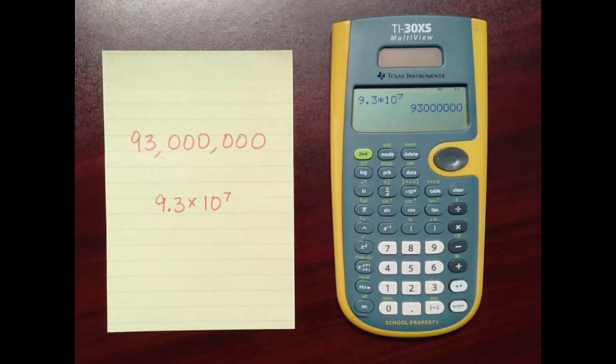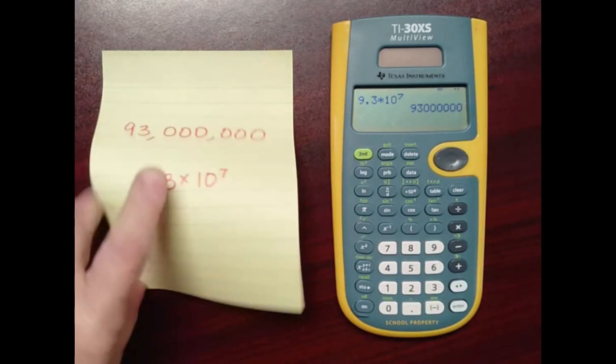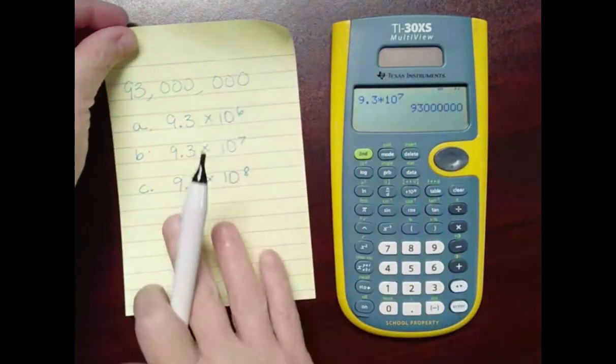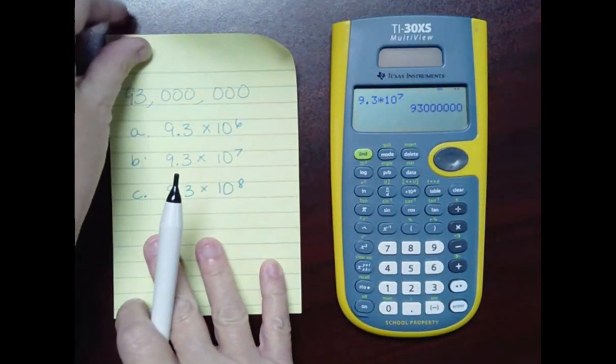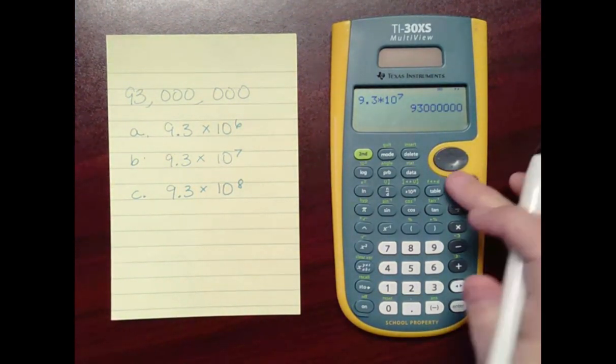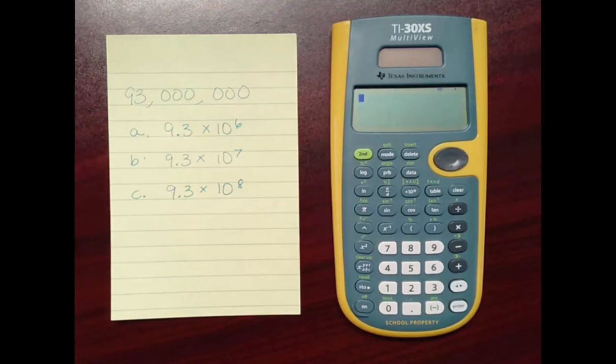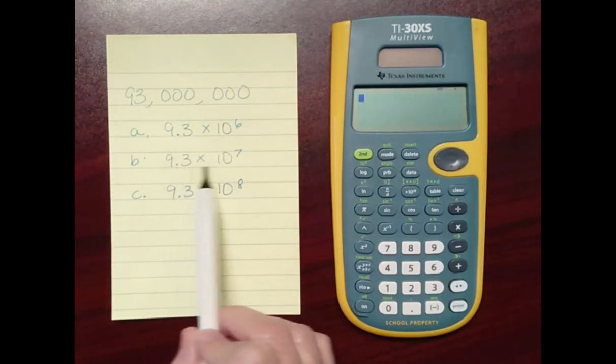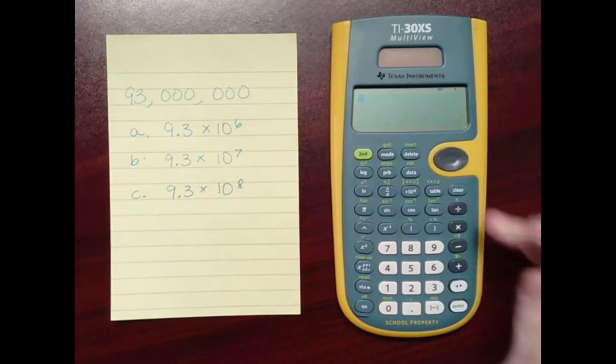Now, when this might come in handy on the GED is if you have a multiple choice question. For example, let's say there is a question that says the sun is 93 million miles away from the Earth. What is that number written in scientific notation? If you aren't sure how to change it, you can enter all of these multiple choice answers in our calculator.